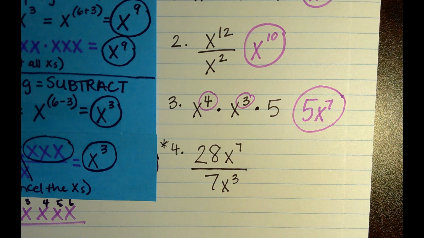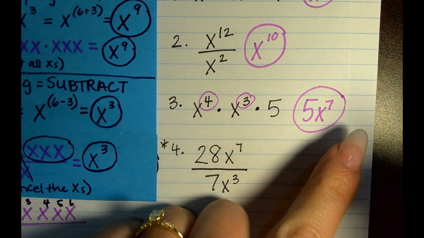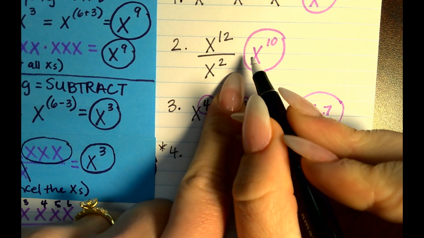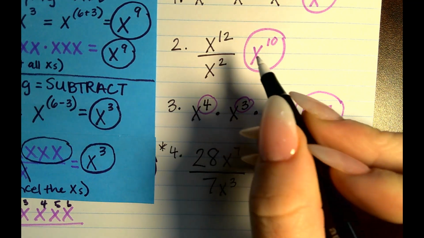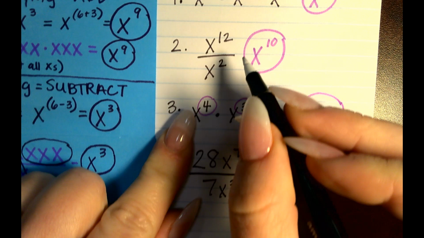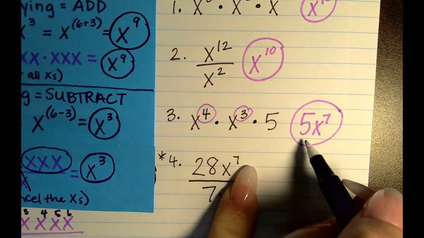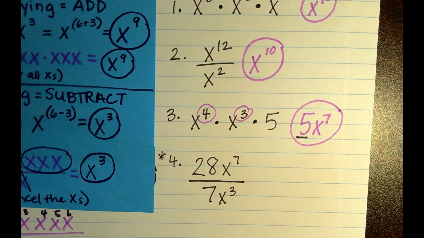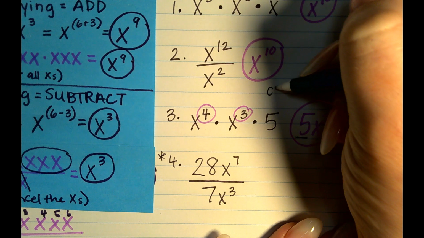Okay, so a coefficient, if you are curious, is a number that is multiplying a variable in an expression. There's no coefficient here unless we wanted to say that 1 is, because there's an invisible 1. The coefficient here is 5.